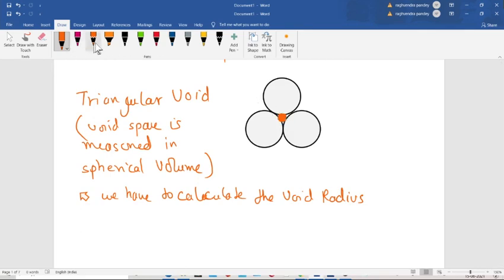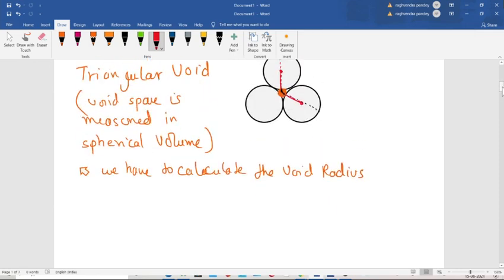I can mark it as this one, the red one, very small, and this one here also, that's red. So now we are forming a triangular void.